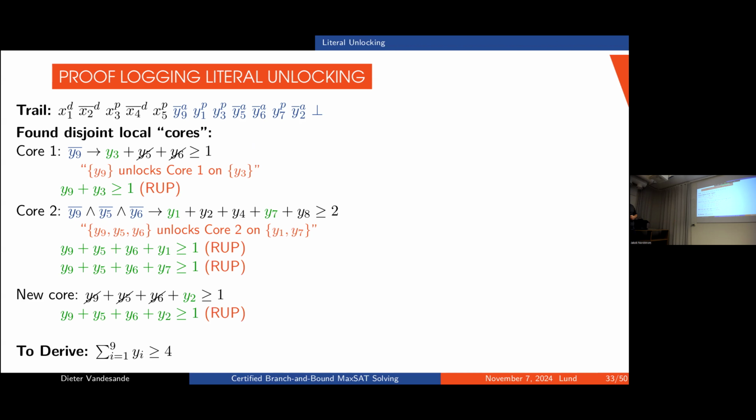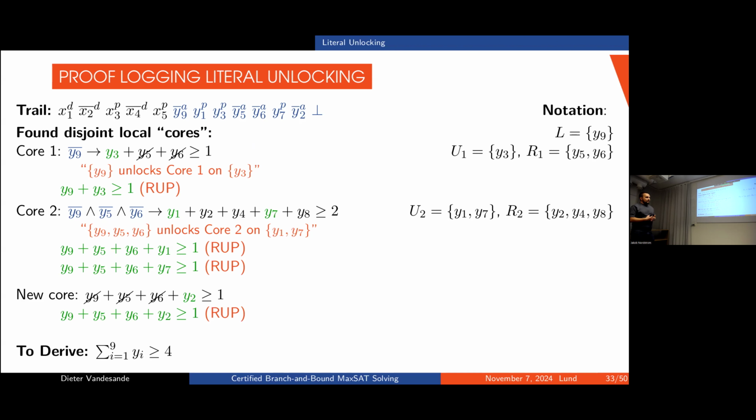So what I will have to derive from these constraints is this constraint. But first, let me quickly introduce some extra notation. I will say that the set L, big L, is the set of new literals that were not used in the previous core, but that I will use in the newly derived core.